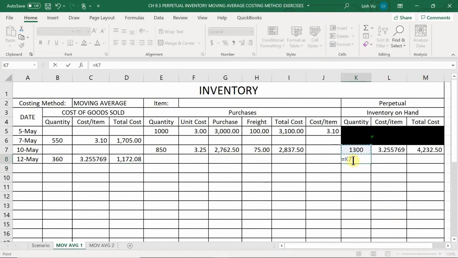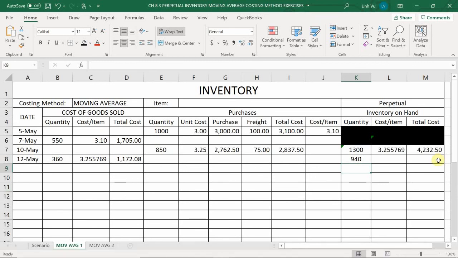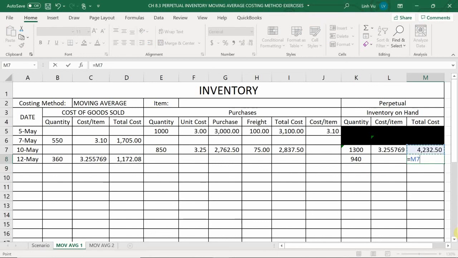So once again, now I'm going to update my inventory, right? Because I no longer have 1,300, because I end up selling 360 units, giving me a grand total of 940 units, right? I started with 3,250, and then I end up selling 1,172.08, bringing me now to a new total cost of 3,060.42.